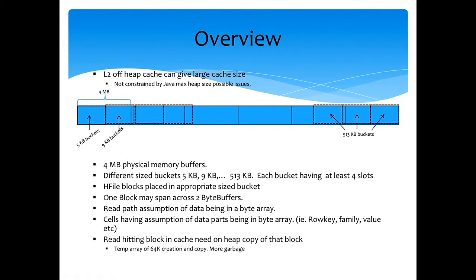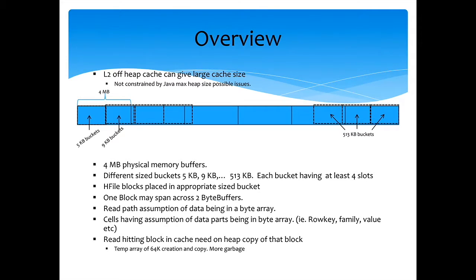The entire 64 KB from off-heap needs to be copied to a temporary byte array, which is obviously in the on-heap area, and a block has to be constructed, then I have to get the cells out of that and return them. Say when we are doing random gets of rows, with 3 or 4 cells in a row, there is no other go.